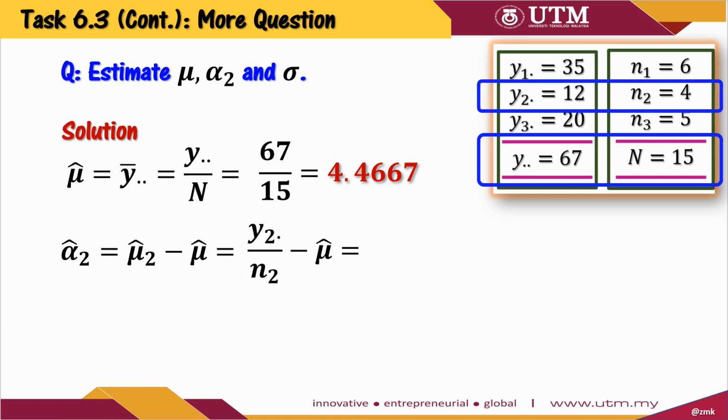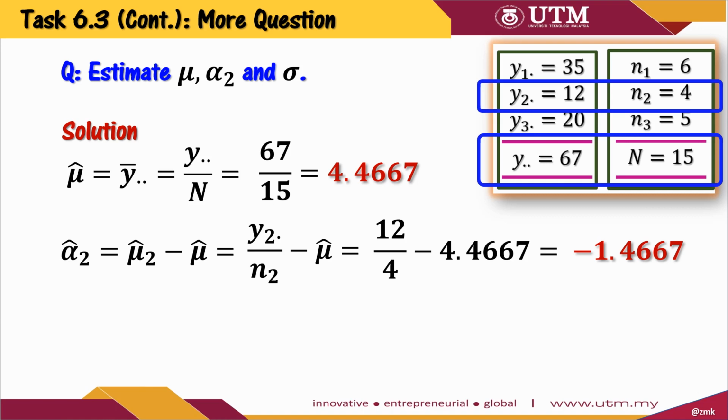Therefore, the estimated level effect 2 is simply 12 over 4 minus 4.4667 that you obtained earlier, giving you a value of alpha cap 2 equal to negative 1.4667.